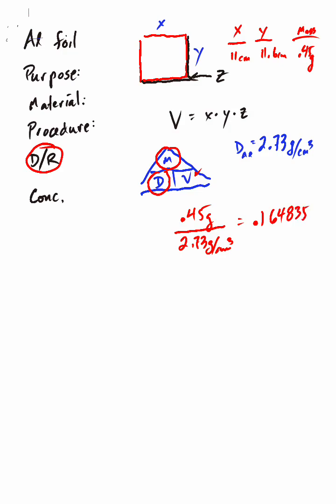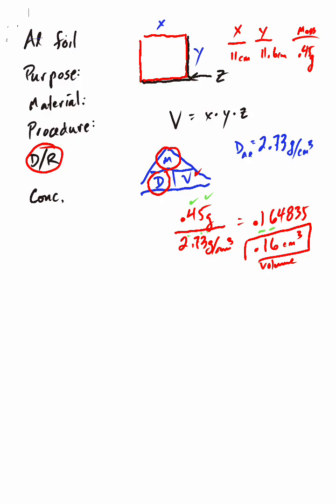But since I have 2 sig figs divided by 3 sig figs, I can only put 2 sig figs down. And the 4 tells me not to round up, in other words, 0.16, and this will be cubic centimeters.